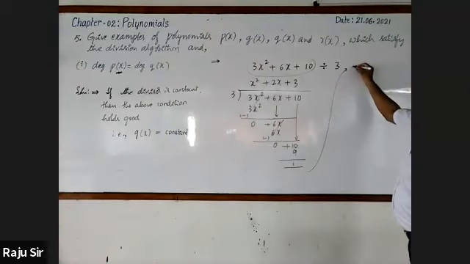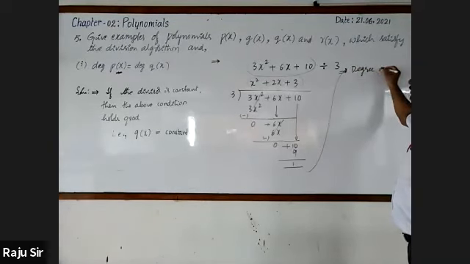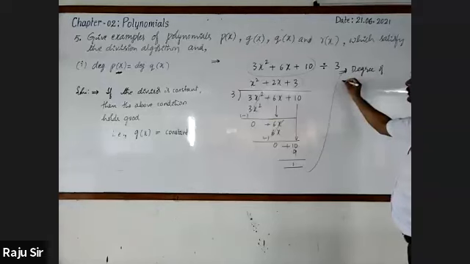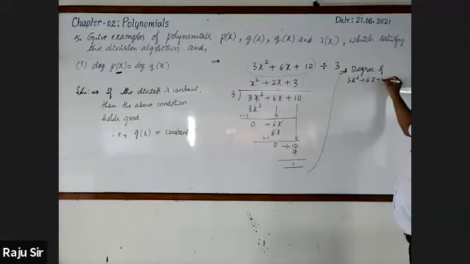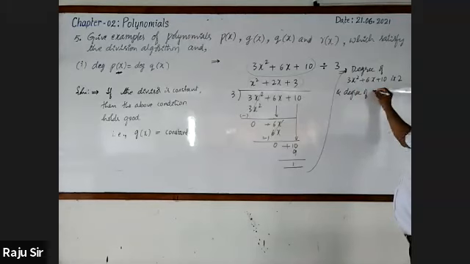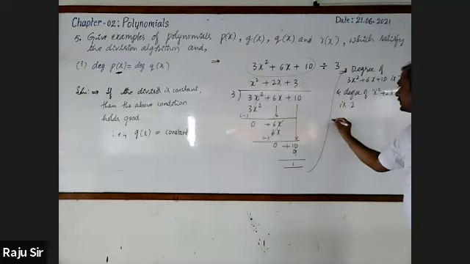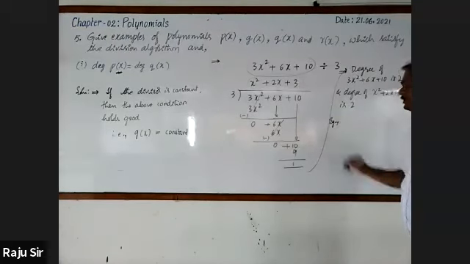Here, degree of 3x square plus 6x plus 10 is 2. And degree of quotient x square plus 2x plus 3 is also 2. Now let us write the example.